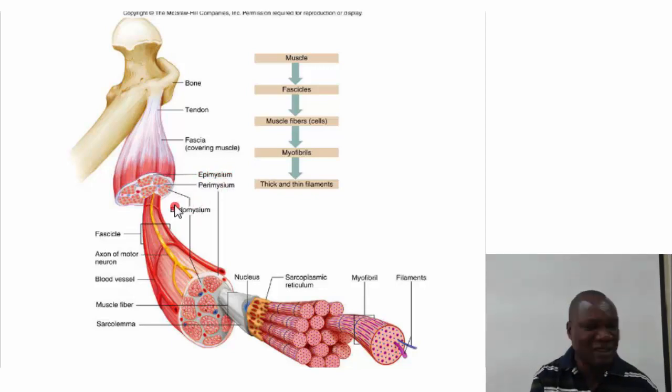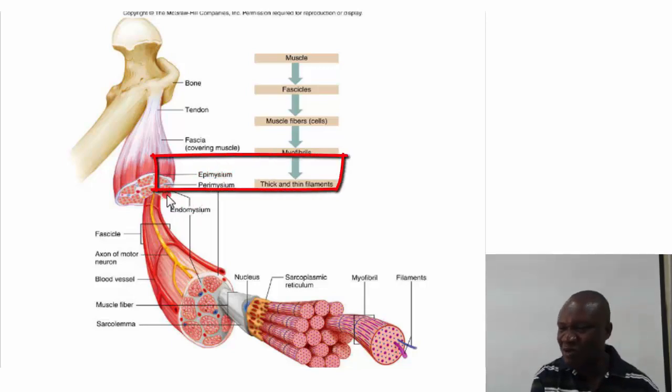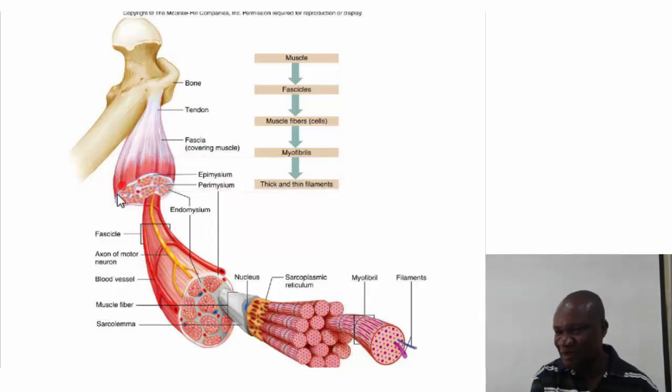Now, the muscle is made up of fascicles. So these are the fascicles in the muscle, and this is a singular fascicle. The fascicle is covered by a connective tissue called perimysium. Here, we have a perimysium surrounding a fascicle.